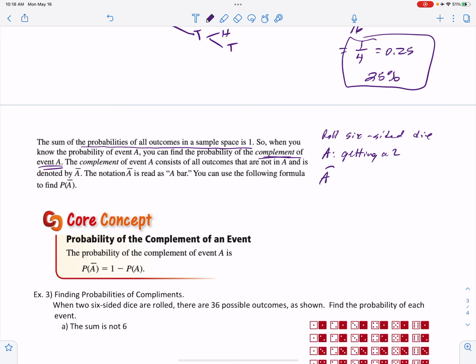A complement is not getting a 2, meaning it's getting anything but a 2.